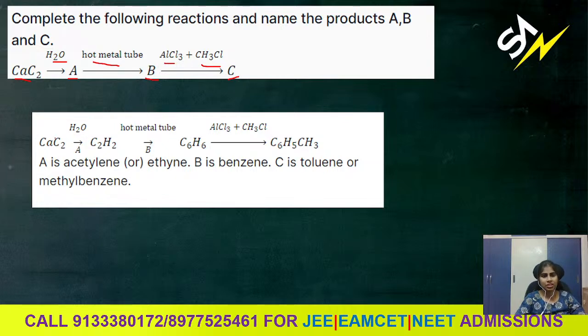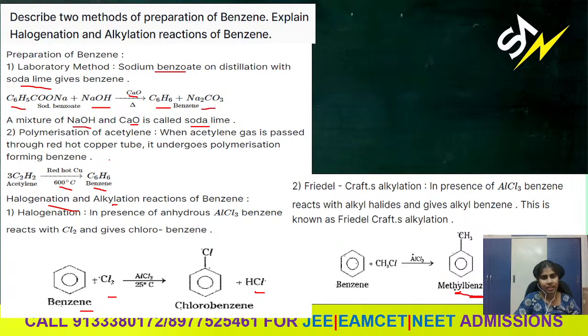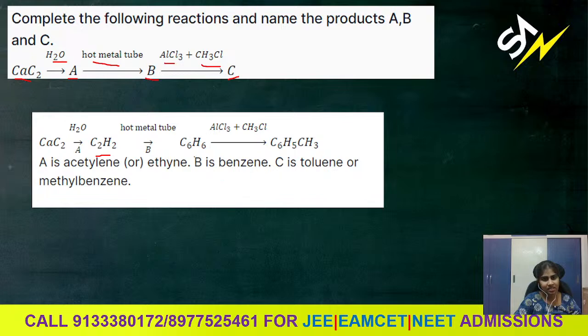So what is the reaction now? When calcium carbide reacts with water, it forms acetylene, and when this acetylene reacts with a hot metal tube, as we have seen in the preparation of benzene, there is formation of benzene.